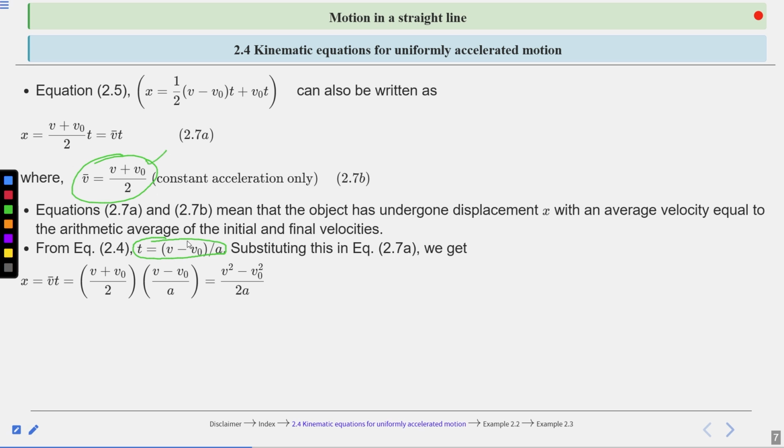So when we multiply the first term and second term, there is a relation, and that relation is v square minus v naught square divided by 2a. So we can say x is equal to v square minus v naught square divided by 2a. So the new equation will be formed, and that equation is v square is equal to v naught square plus 2ax. Clear?